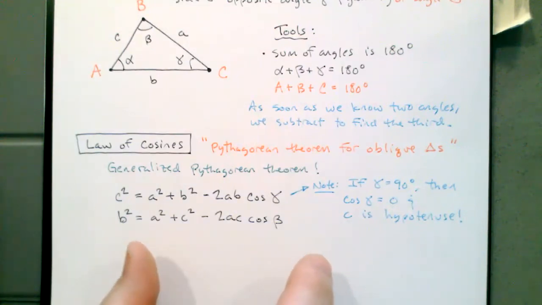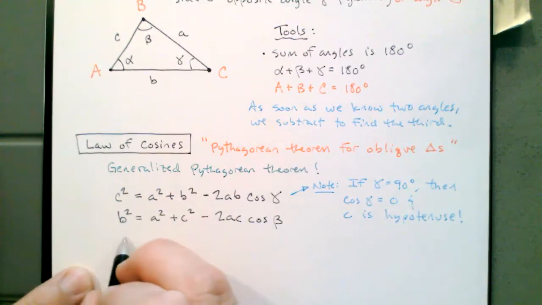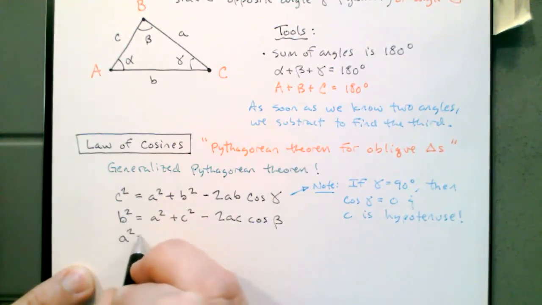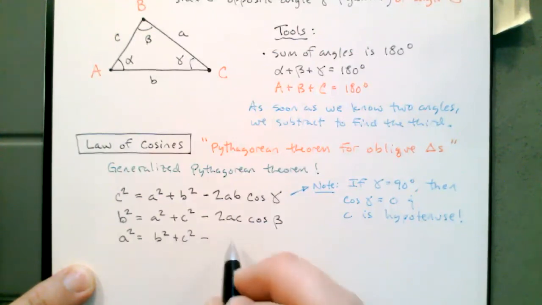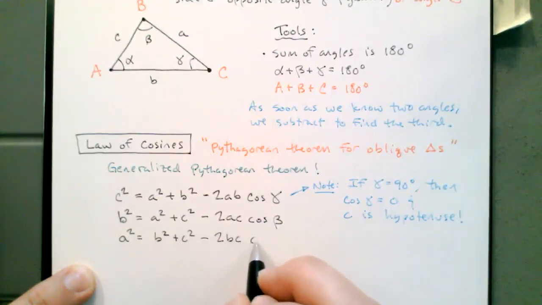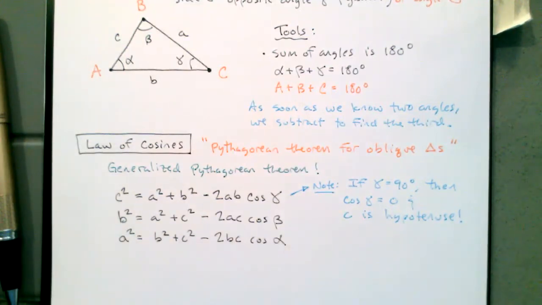The outside ones, B and cosine beta, are the matched set. And then we have the alternate sides in the middle. But there is another. I can also have A squared be all alone. In that case, we'll have B squared plus C squared minus 2BC cosine alpha.